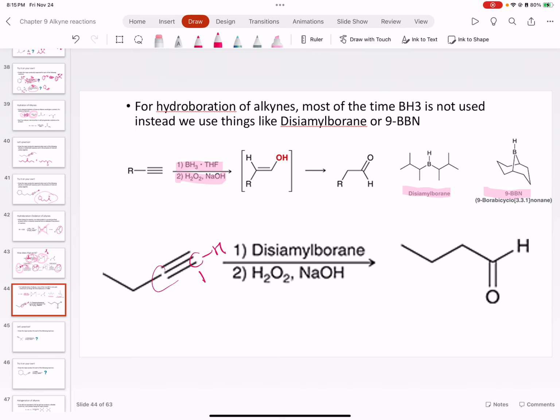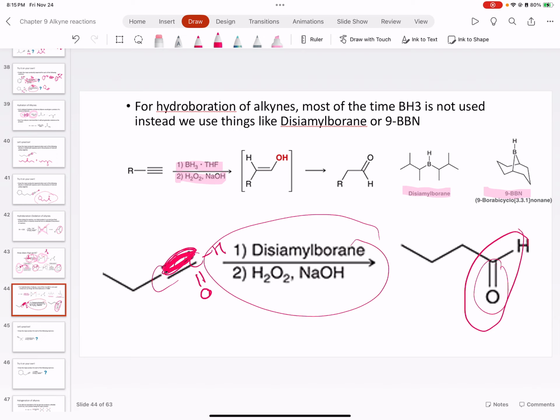You can see they just added an oxygen in here and they broke that triple bond and converted it to single bonds, and then they added that ketone group, creating an aldehyde with this group. We still did the same reaction, it's just that on top it says diethylborane.